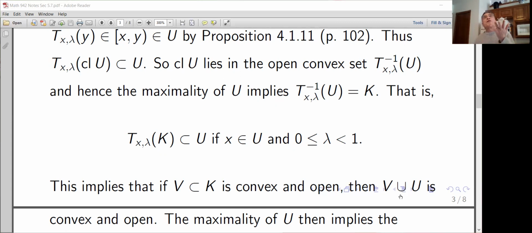Then there are three possibilities. The first possibility is that both endpoints are in U. Then the segment must be in U because U is convex. The second possibility, both endpoints are in V. Then the segment must be in the set because V is convex. The third possibility, the line segment has one point in U and one point in V.